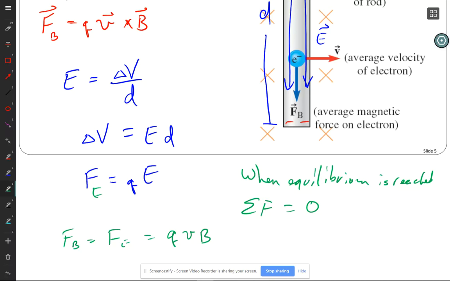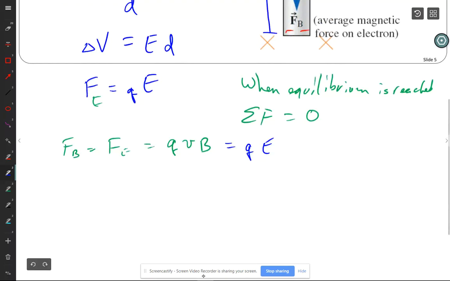So my magnetic force is QVB, and my electric force is QE. Notice right away that the Q's are going to cancel. So I have VB is equal to E. So the electric field is the speed times the magnetic field it's going through.